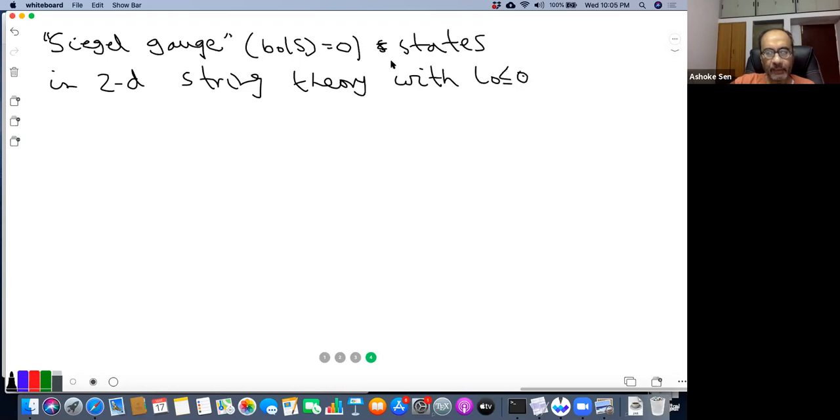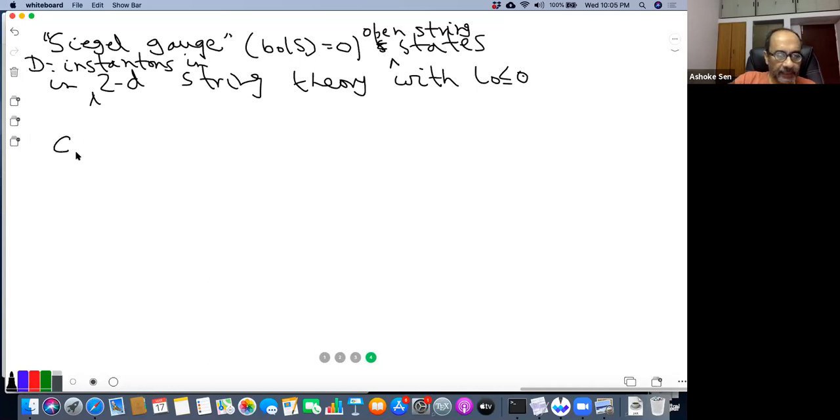Maybe I should say open string states, right? Because we are looking not at the closed string states, but at open string states on the D-instanton, in D-instantons in the string theory.